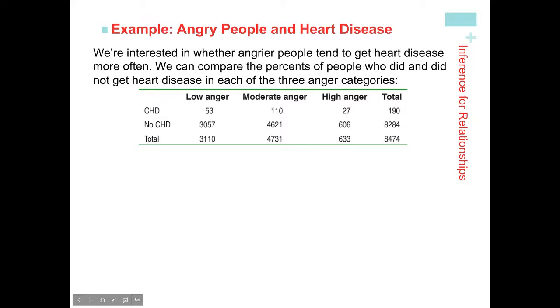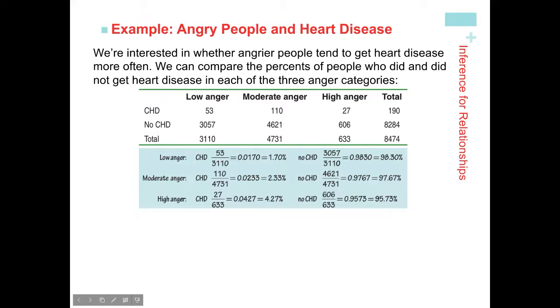Okay, and so one way we can do this is, just like before, we can look at the actual percentages and make a chart. So if we do that, let's look among the people who had low anger, who had moderate anger, and who had high levels of anger on this test that we did.